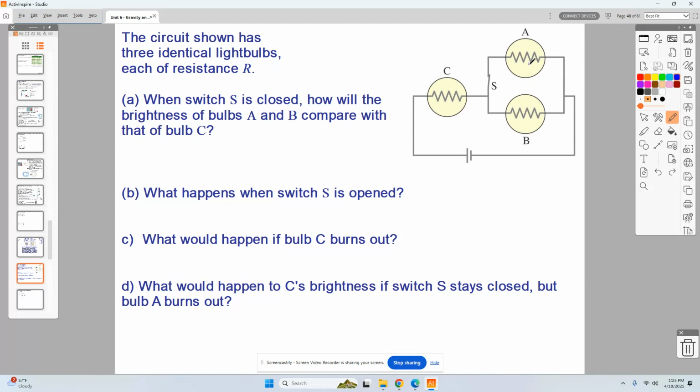Would you agree that that's essentially the same thing as S opening? Yeah. So if A burns up and S is still closed, then it's the exact same thing as this right here. These two things are literally the same statement. Simply because that switch is allowing the current to flow through A. If A were to burn up, that's essentially the same as opening up that switch.